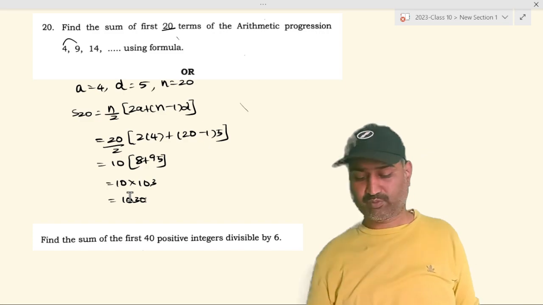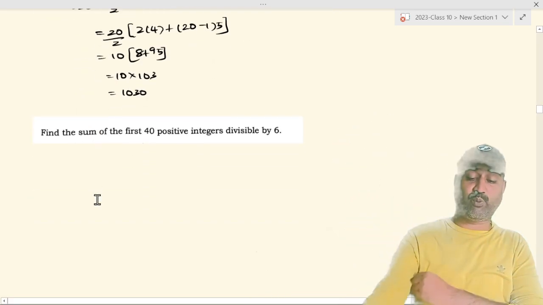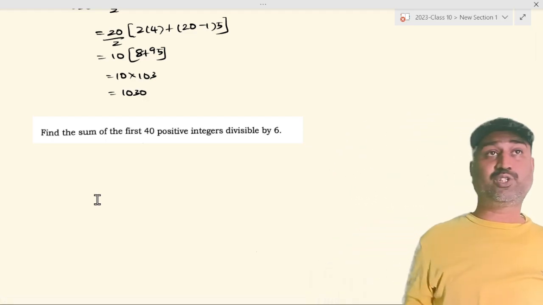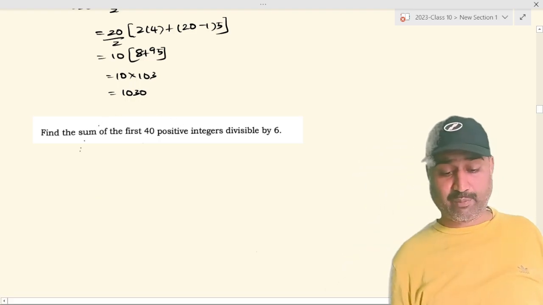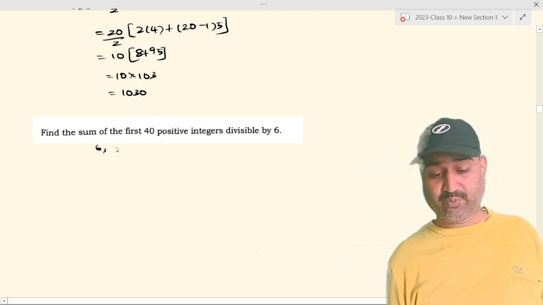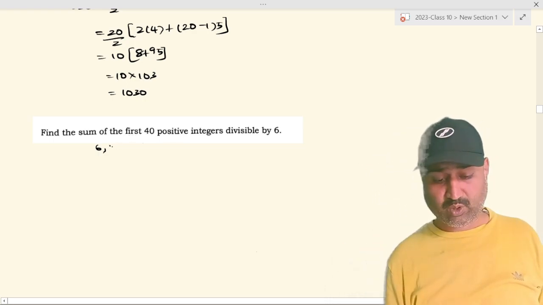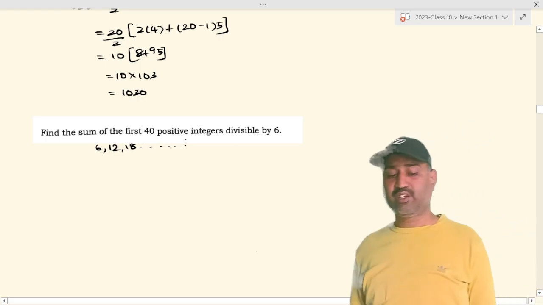Now, the next question is to find the sum of the first 40 positive integers divisible by 6. Therefore, the AP can be formed as 6, the first multiple of 6. The second multiple is 12, 18, and so on.